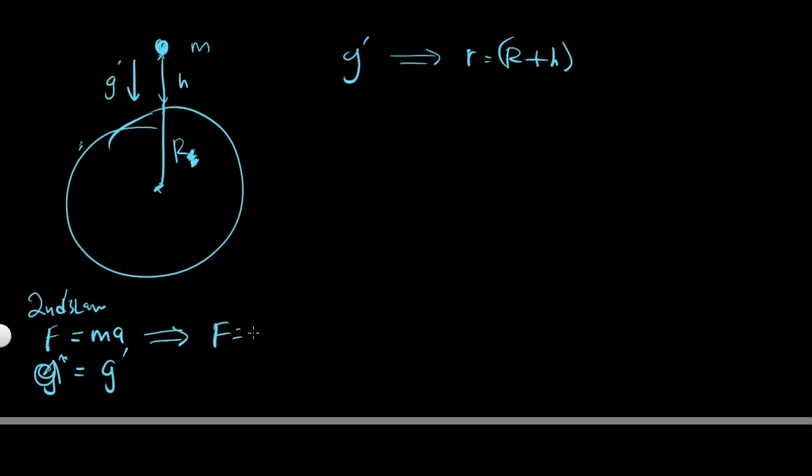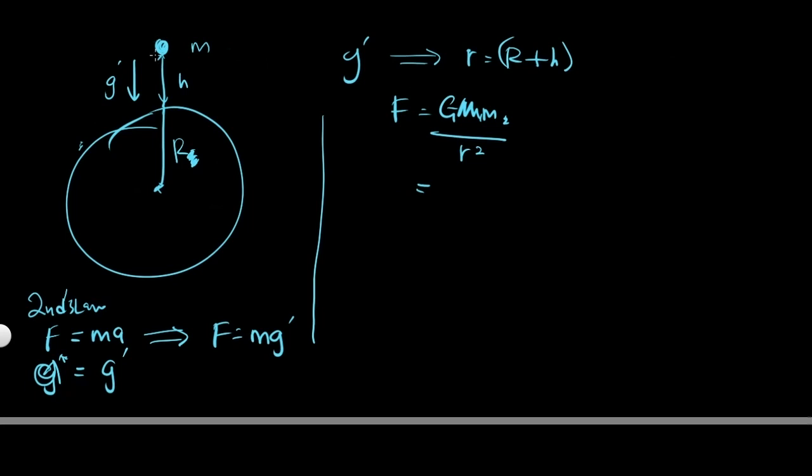F equals m g, where m is the mass, F is the force, and g is the gravitational acceleration at this position. And based on Newton's law of universal gravitation, we have F equals G m1 m2 divided by r squared.